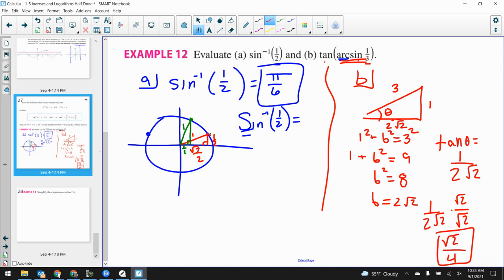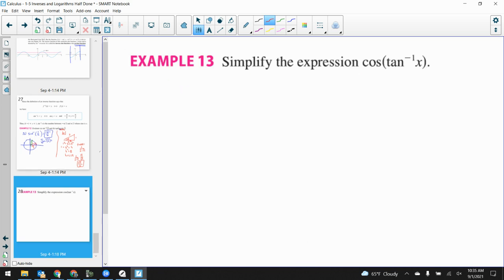All right, last question here. Cosine of inverse tangent of x. Same type of thing here. Can I find x in this case? Like if I can't really figure out what my angle measure is, right?